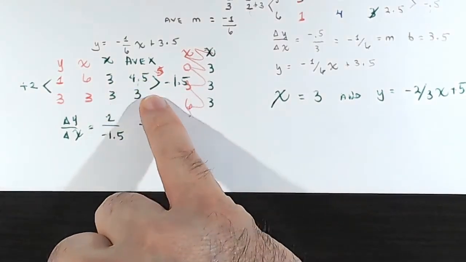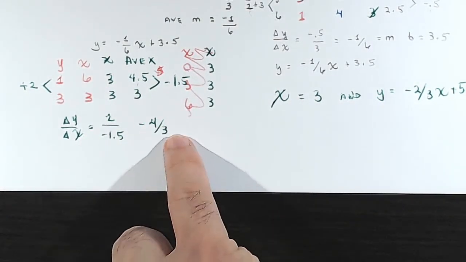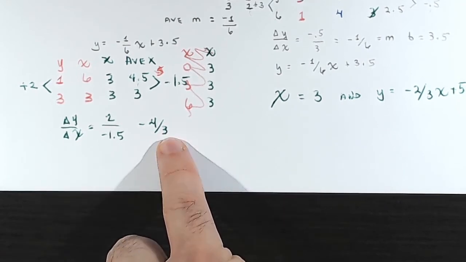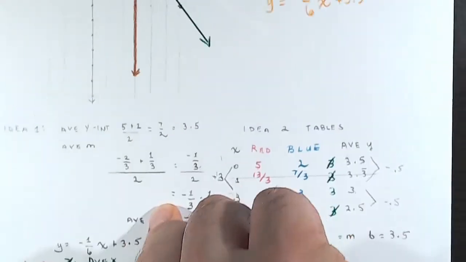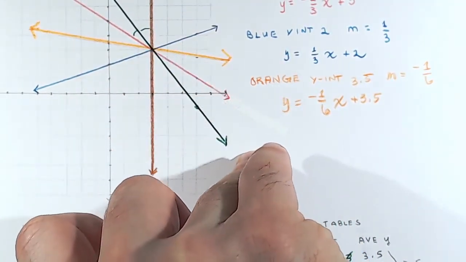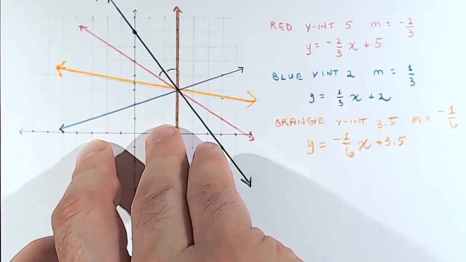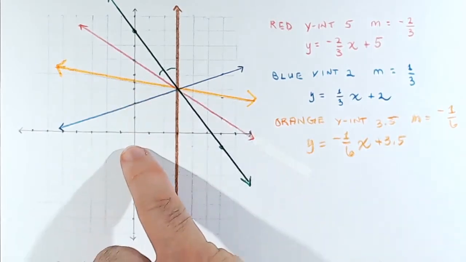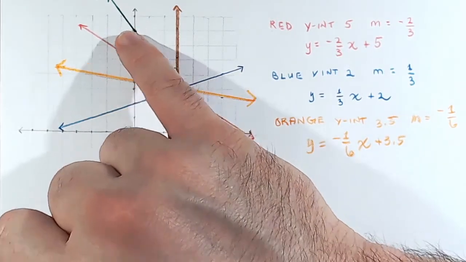So first I average the x values, then I find the slope, and once I establish that slope, I go to a known intersection point and start plotting in my slope, and then I find out that the y-intercept there would be 7.